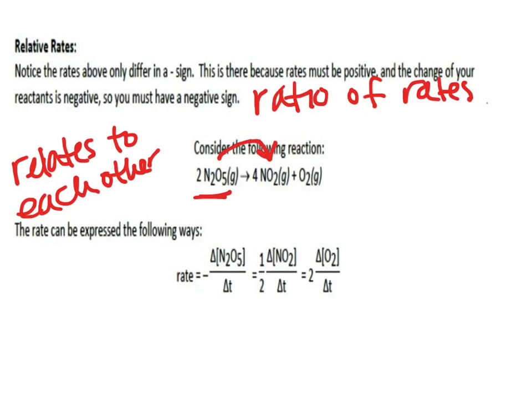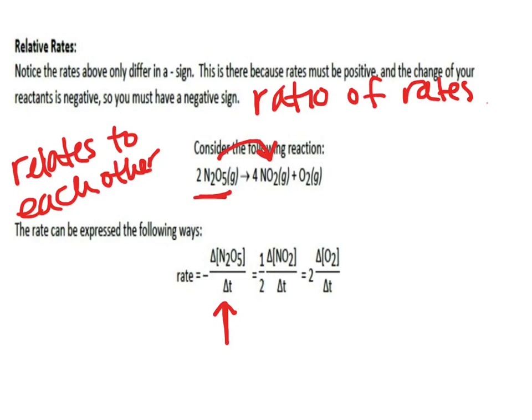So what we can do is take the rates, and we're going to look at the rate with respect to N2O5, the concentration of N2O5 over time. So how can I make the NO2 rate the same as N2O5?